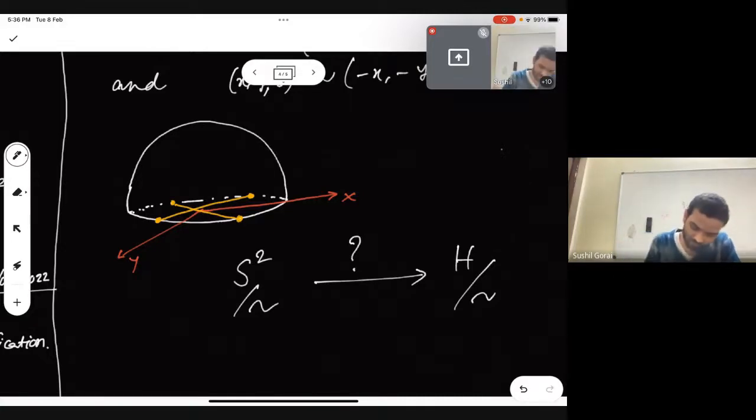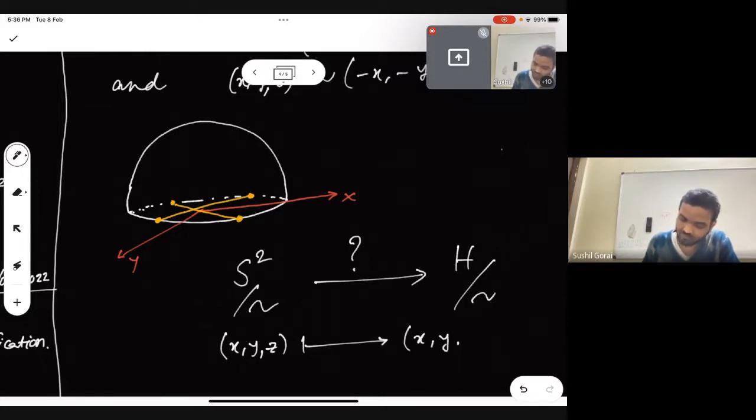Right. So x, y, z will go to x, y, and mod z. Here you see you cannot write it in this fashion, so what you need to write is the class.